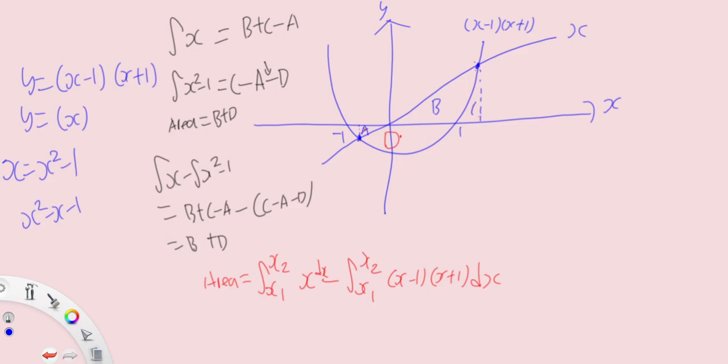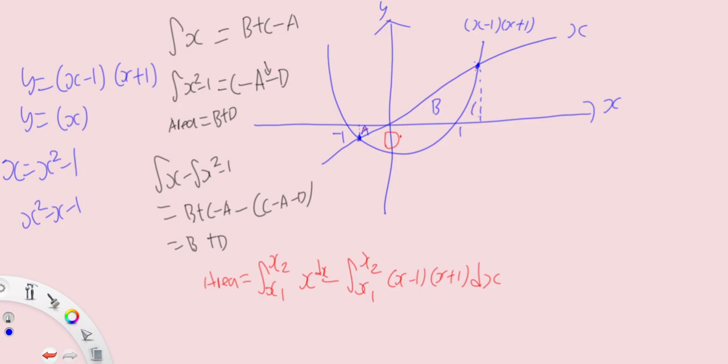One thing to take note of, I repeat, is that how you do it is first find the areas that you need. It's usually a closed loop. So in this case it's B and D, and then choose one of the graphs to integrate first, between the two limits, which are the intersection points. In this case, when you integrate, you get B, you get C, you get minus A, then you miss out D, right?